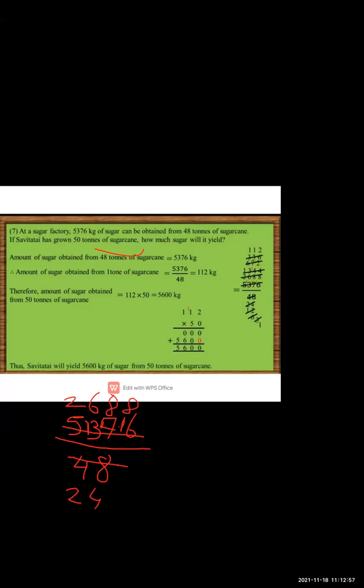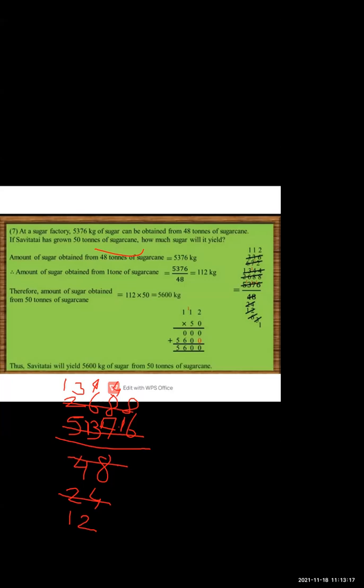Now this number again divide by 2. 2 1s are 2, 2 2s are 4. Again 2 1s are 2, 2 3s are 6, 2 4s are 8, and 2 4s are 8.